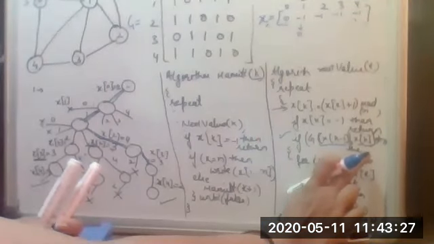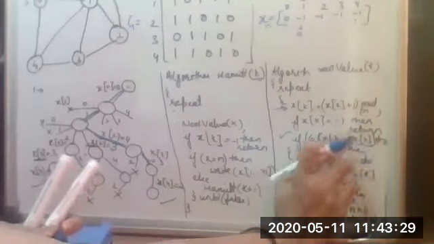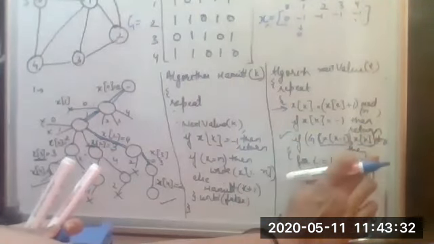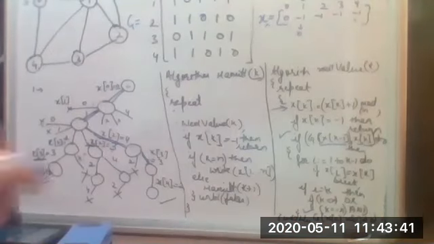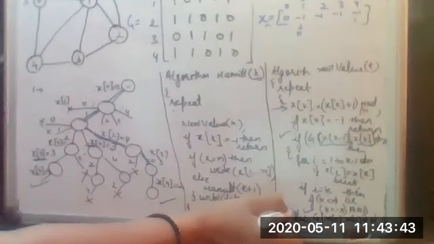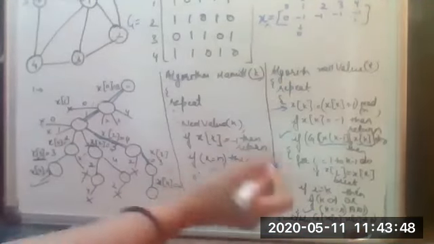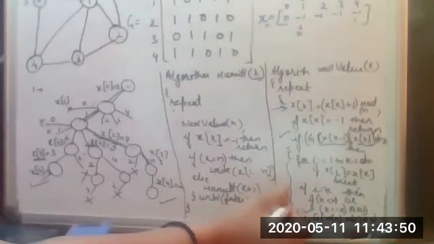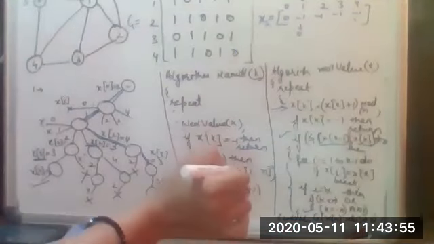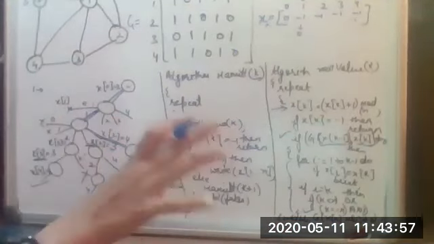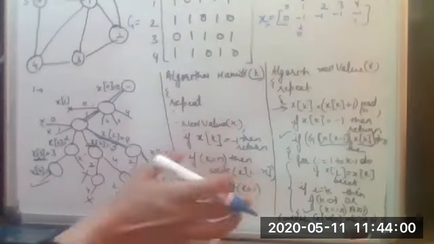No, there is no path from this to this. So this will not be executed. I hope this is getting clear: the whole of this logic is only considered if there is a path. If there is no path, we don't do any further processing.